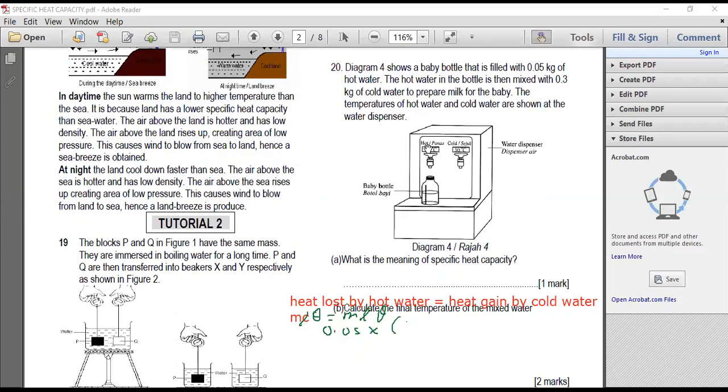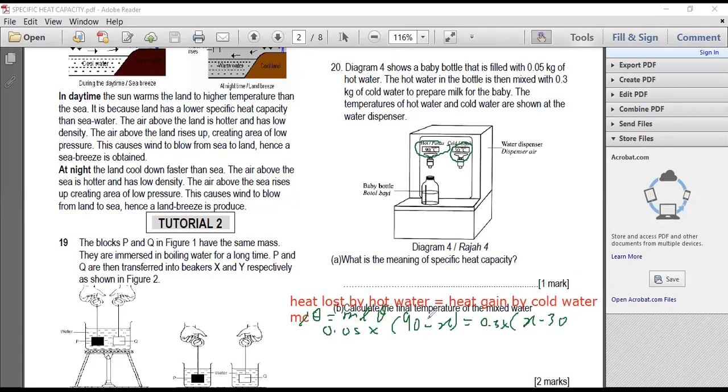You can see here the temperature is 90. So we put 90 minus x equals cold water, 0.3 times x minus 30. Cold water temperature here, hot water temperature here.